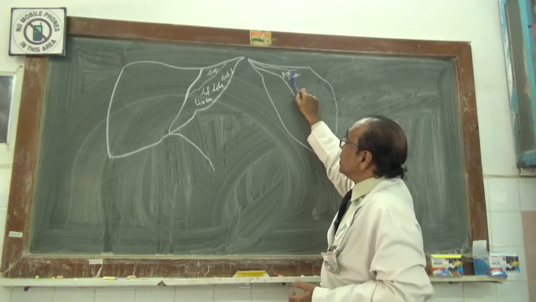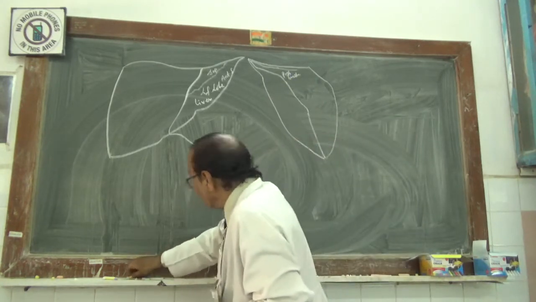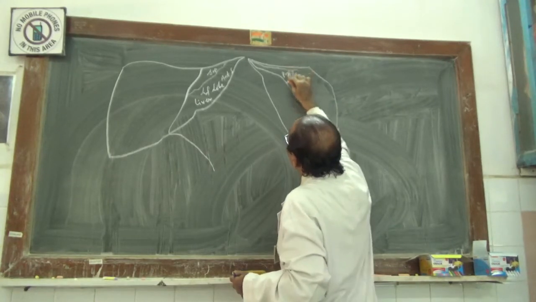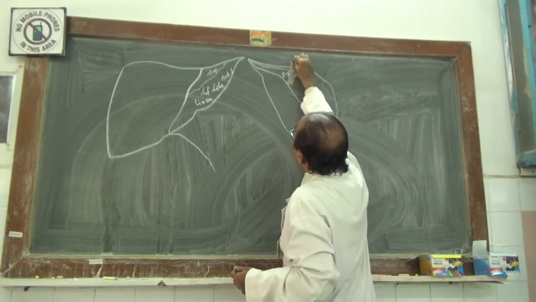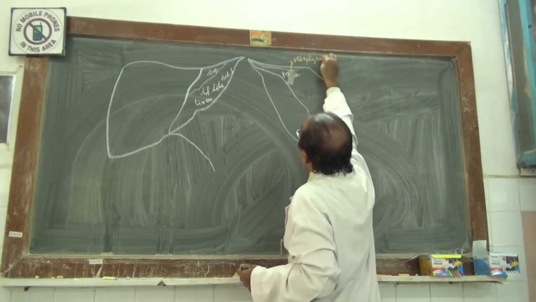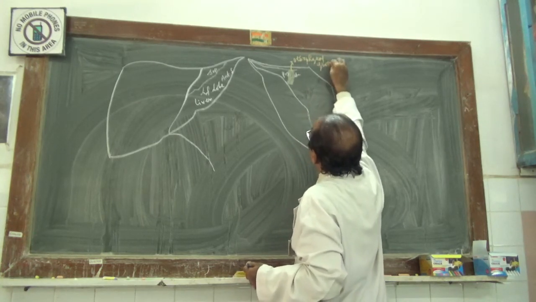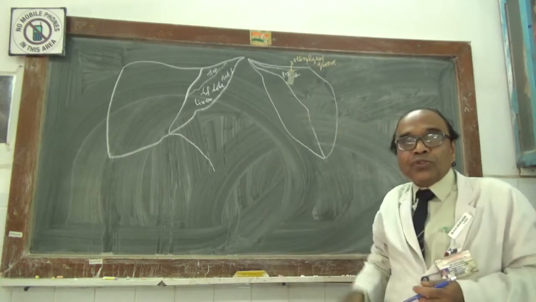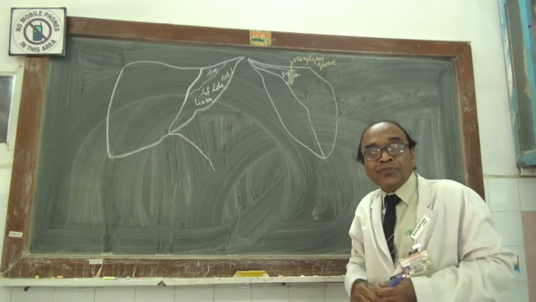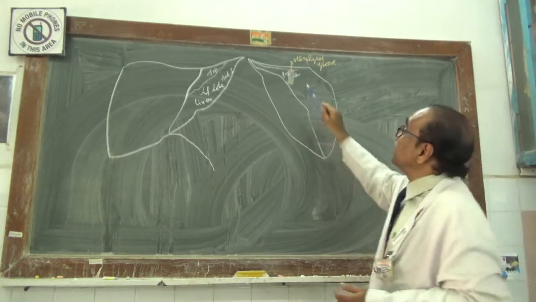And here there will be an appearance of one small groove. That groove is called the esophageal groove. Now this esophageal groove is a groove which is vertically present on the posterior surface of the left lobe of the liver.